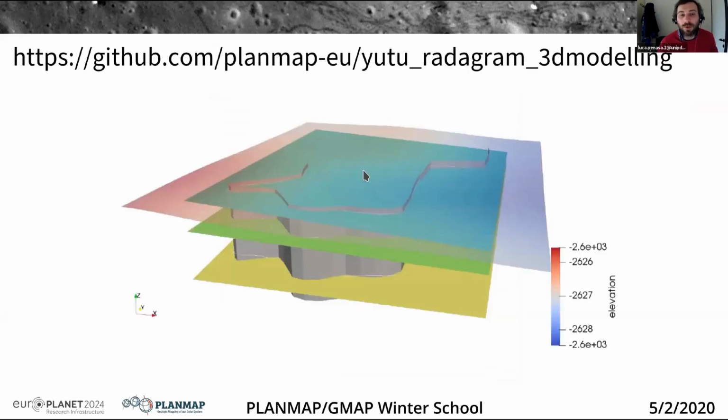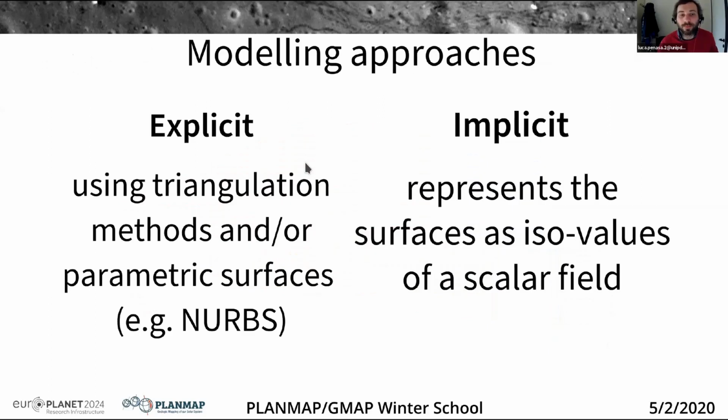But you can also merge that information with navigation data of the rover and create 3D models out of them. At this link, you can find all the processing that we did for creating this example. That was something we tried to do within the framework of the PlanMap project.